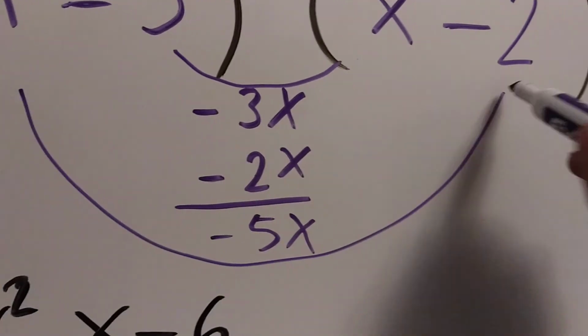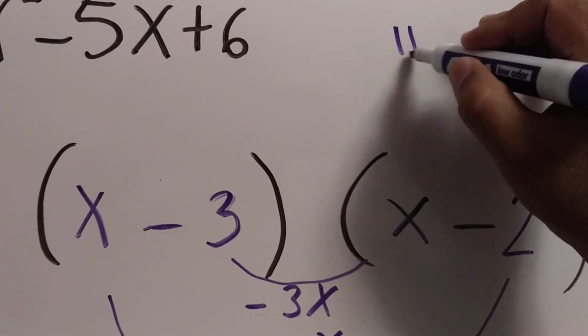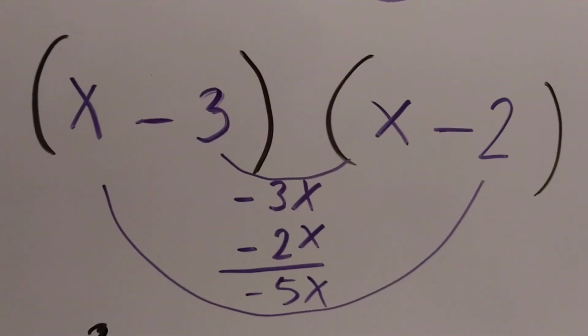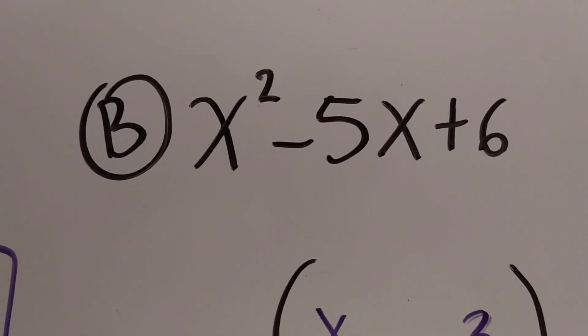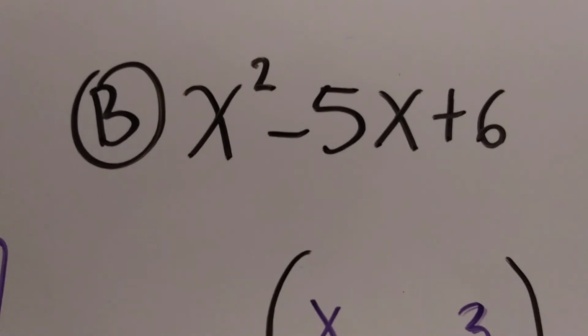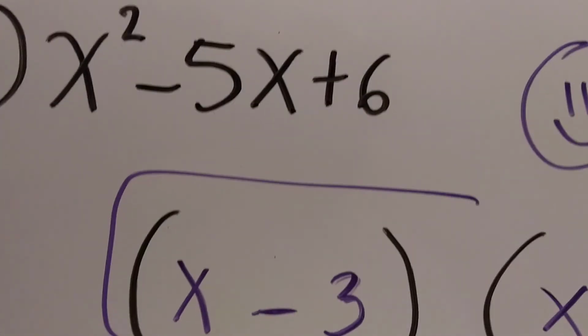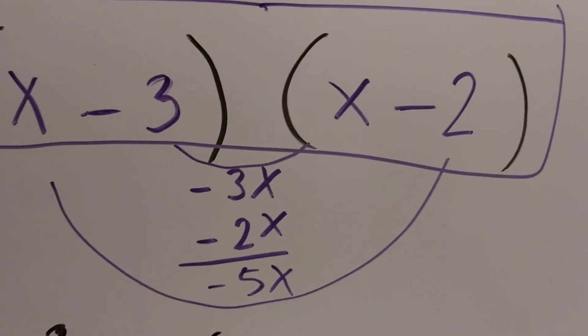Look, there you go. And if it'll make you even happier, we can put another happy face here. There you go. Just for you guys, okay? So our answer when it comes to factoring the trinomial x squared minus 5x plus 6 would be x minus 3 times x minus 2.